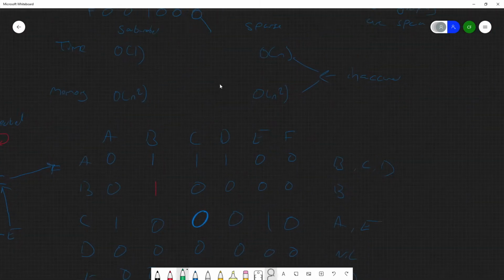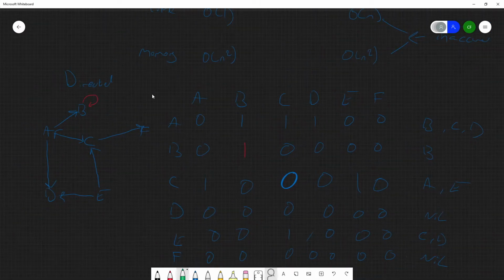If this was a weighted graph, so for example, if the cost of C to F was 5, then rather than a 1 on C to F, you would put a 5 here if it was weighted. And that goes for all of it. 1 is if it's unweighted. If it's weighted, you just put the actual weighting in, and that works.